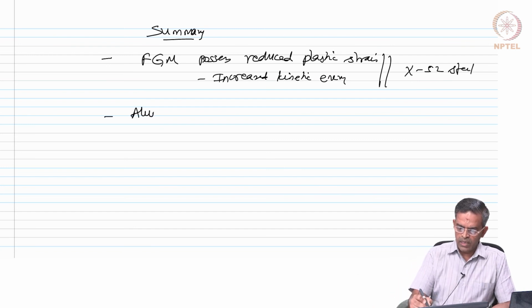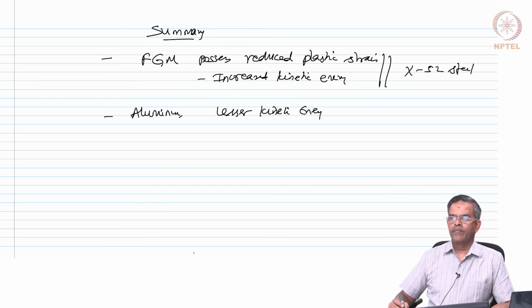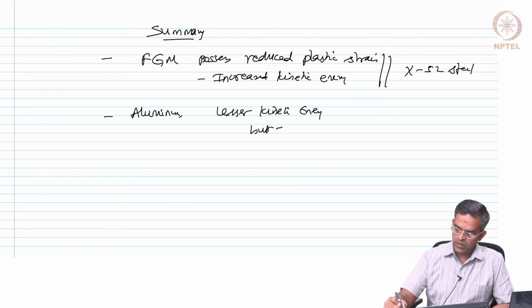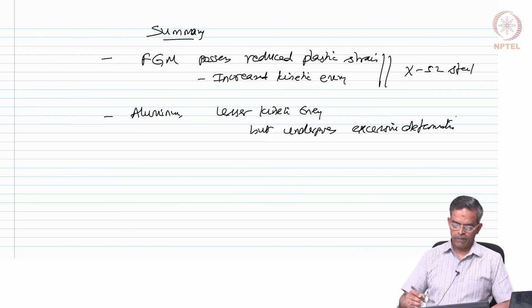However, if you look at aluminum, it experiences lesser kinetic energy but undergoes excessive deformation, hence cannot be advised for a topside deck.